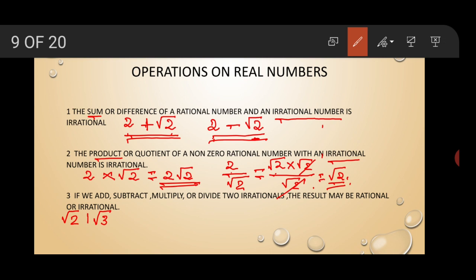Now these two are irrational numbers. Now I will add them. Root 2 plus root 3 is equal to what? We can't simplify, so the answer is root 2 plus root 3. Now what is this? This is an irrational number.